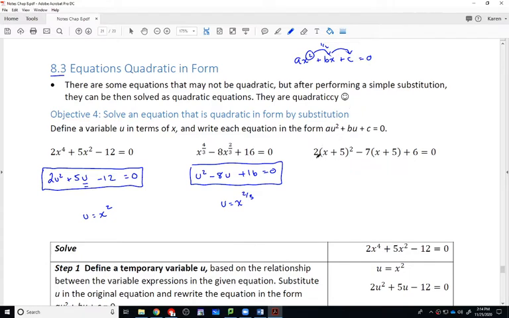We've got a coefficient of 2, so we're going to have 2u squared minus 7u plus 6 is equal to 0. This is your quadratic form of this original equation. And again, our u substitution was that u replaced x plus 5. So that's the first skill, is being able to take something that's quadratic-y and make it into an actual quadratic with a u substitution.